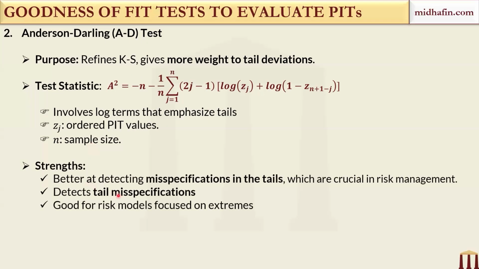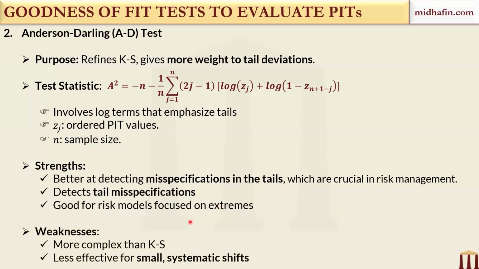AD is better at detecting misspecifications in the tail, which is exactly where many risk models struggle. That makes it especially useful for banks or funds that want to ensure that they are properly capturing the extreme risks.